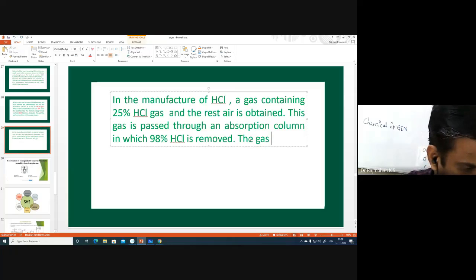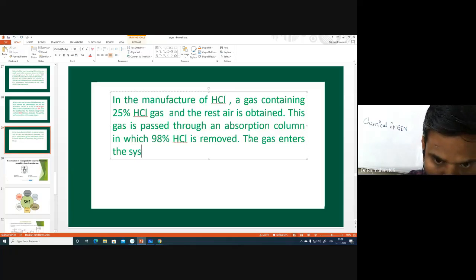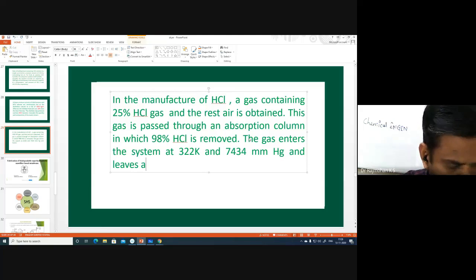The gas enters the system at 322 Kelvin and 743 mm mercury and leaves at 300 Kelvin and 738 mm mercury.